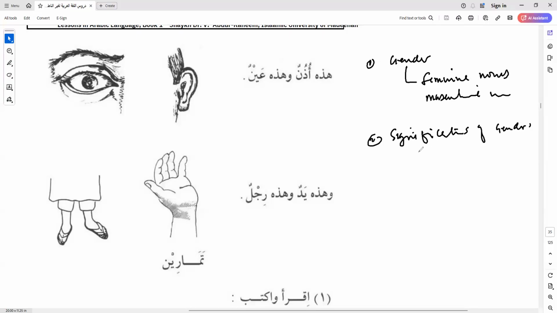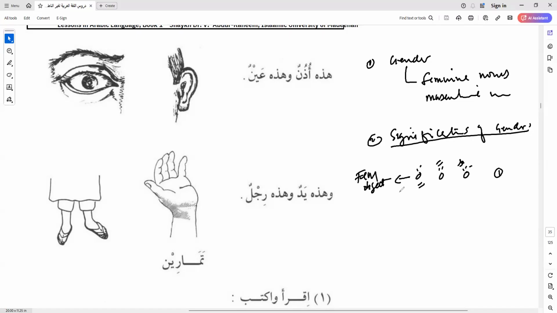What do we use in Arabic to signify that something is male or female, masculine or feminine? We first said taw marbuta, like -a, -atun or -tan or -tin. When you have this at the end of a noun, it tells you that you are dealing with a feminine object. If they are devoid of it, then that thing is male.